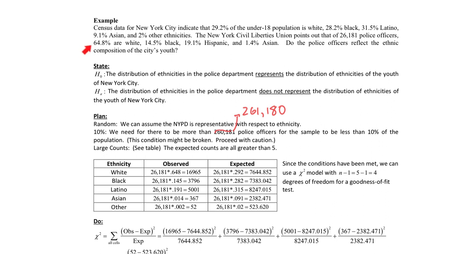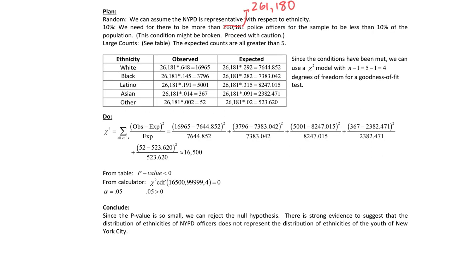So we used the percents here, multiplied them by the sample size. Take the sample size, multiply it by the expected, so the New York City youth percents. And okay, just some little notes. There's a lot going on here.